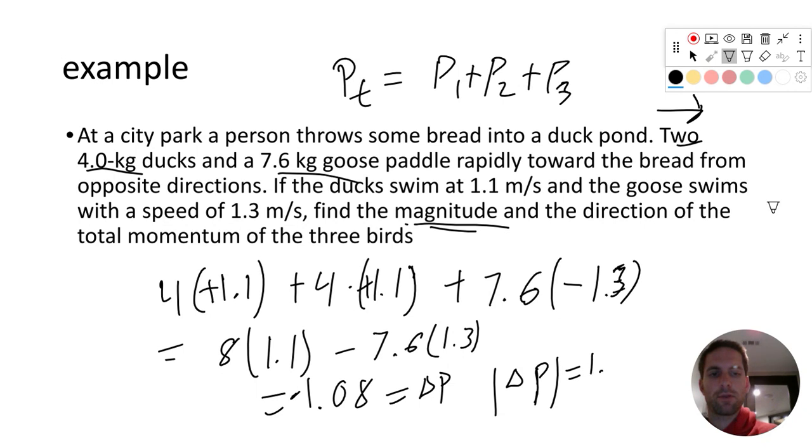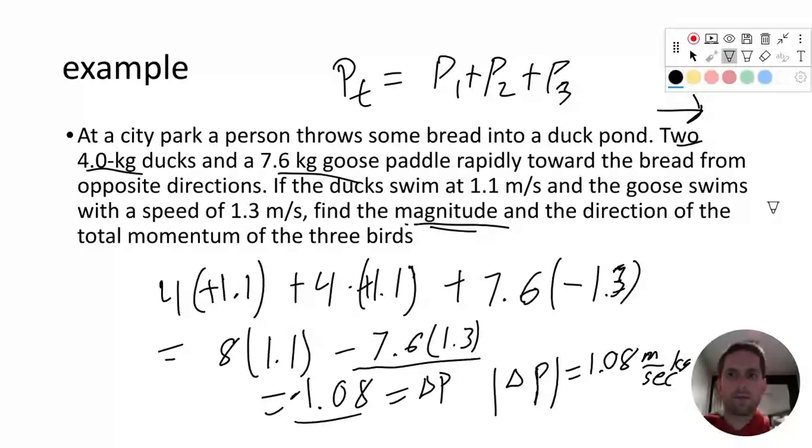And that's going to be 1.08 kilograms times meters over seconds. And I know the direction of momentum is going to be in the goose's direction because it has a bigger value as compared to this, because I got a negative number for my answer. And that's the answer to all of them. So, have a good day.